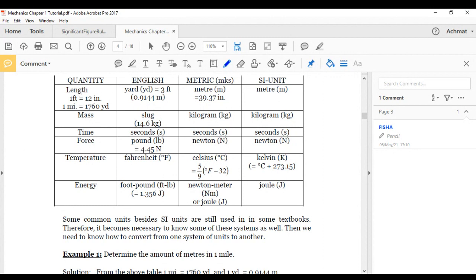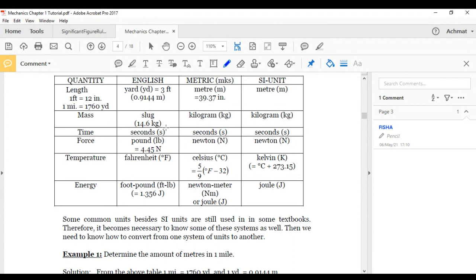Time, I'm using the first three first, MKS. So time, seconds, and here you can see it's the same. Remember, time can be given in hours, in minutes, right? But the SI unit is seconds. Try to steer away from minutes and hours, because that is a bit confusing if you want to use that for conversion purposes.